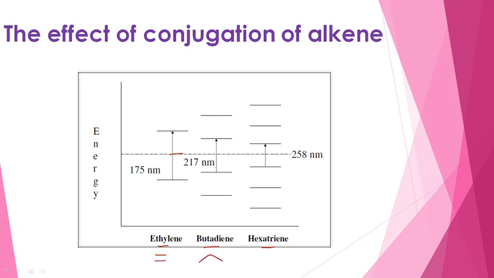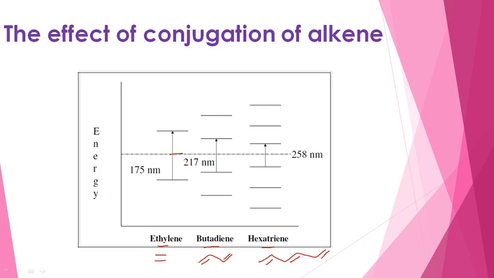For the case of butadiene, you are having two pi bonds, they are in conjugation. For the case of hexatriene, you are finding three double bonds, they are in conjugation. So from ethylene to hexatriene, what you are finding is the extension of conjugation.